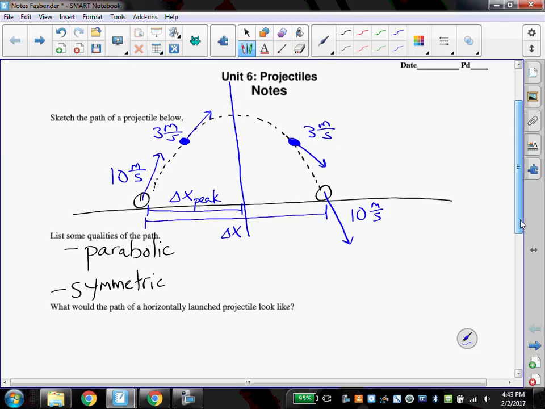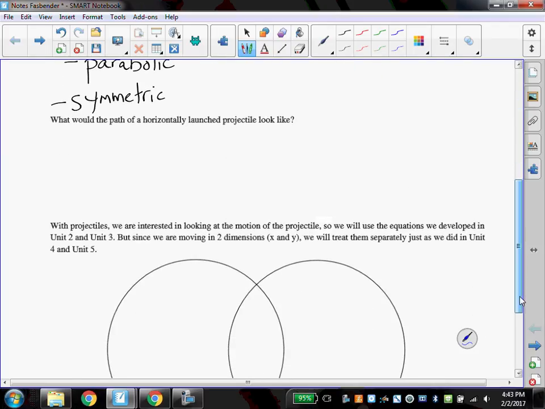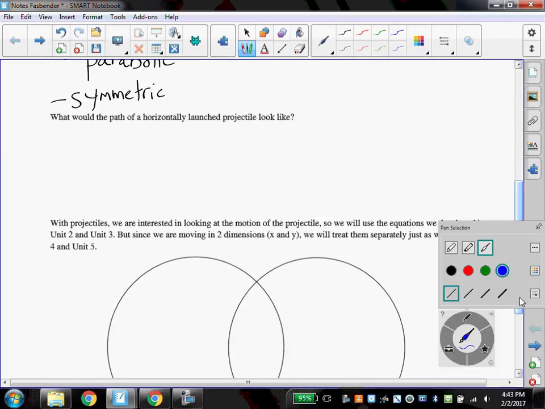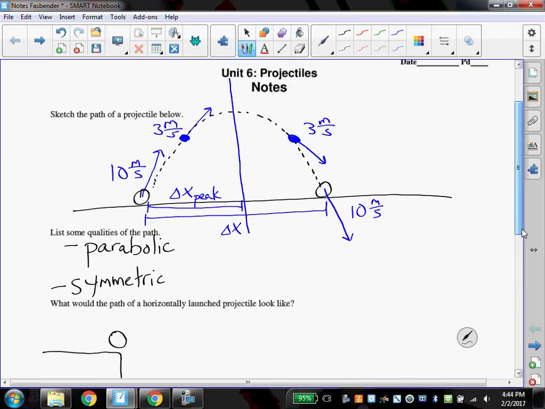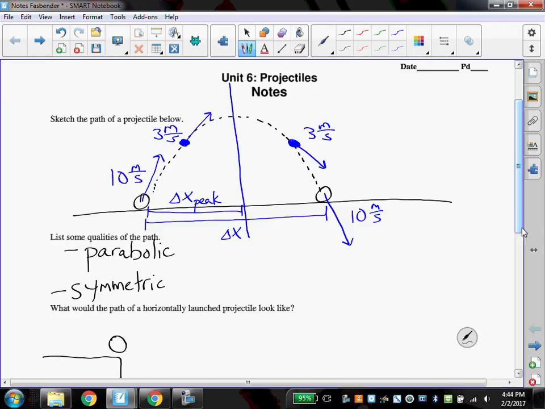Okay. Now, to start this unit off, we are more specifically going to look at horizontal projectiles. So let's imagine what the path of a horizontal projectile would look like. Let's imagine that again we have another sphere and we're just launching it off of a table. What would that look like? Well, it wouldn't look exactly like what we did before, because before we launched it at an angle.